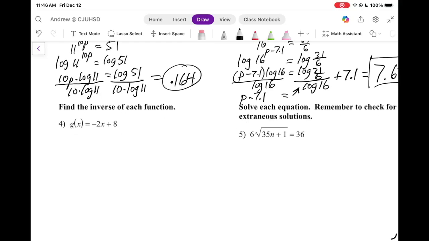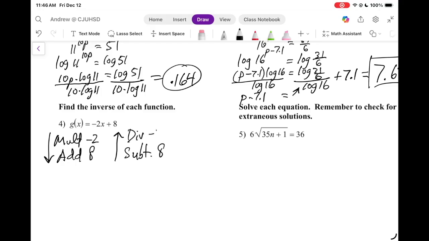Okay, so for the inverse, we're going to track the operations that happen to x. First it gets multiplied by -2, then you add 8, and now we're going to reverse the steps and reverse the direction. So the opposite of add 8 and the opposite of multiply by -2.